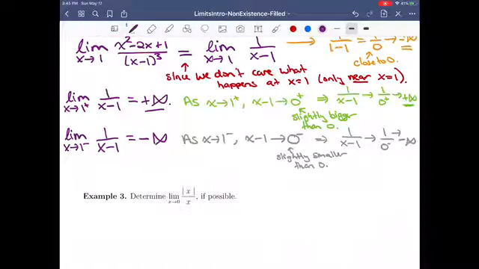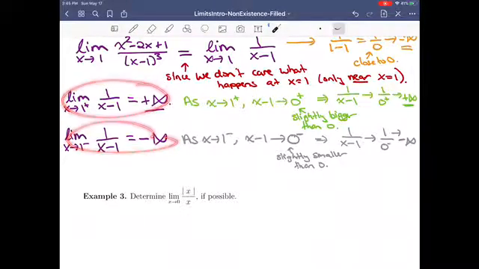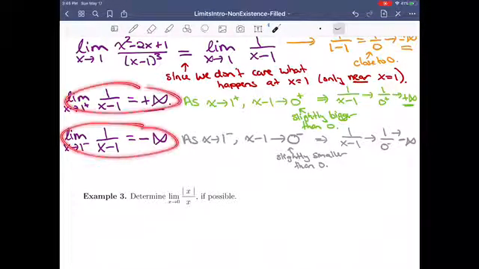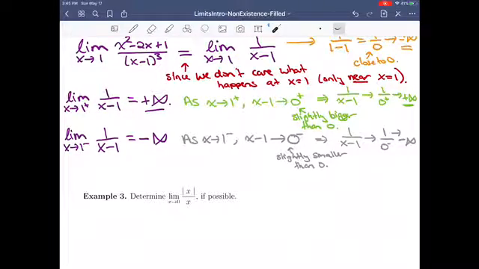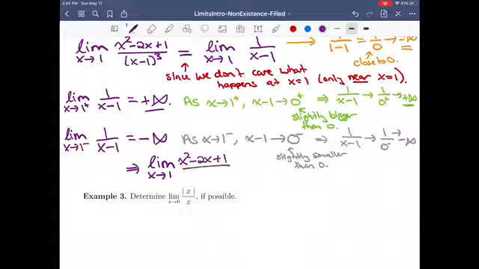Okay, now because the left and the right, sorry I did that in the opposite order, the left and the right limits are going to different infinities, what I'm going to write is that our full limit, our two-sided limit, I'll write our initial function, does not exist.